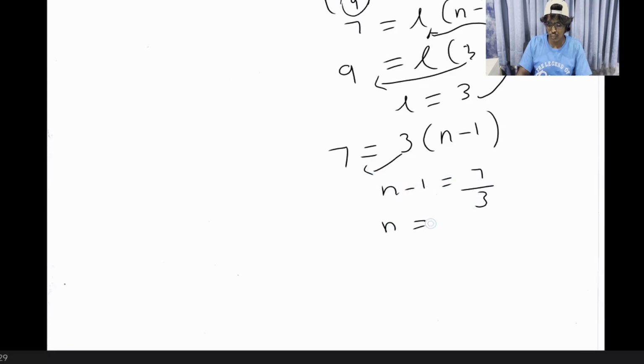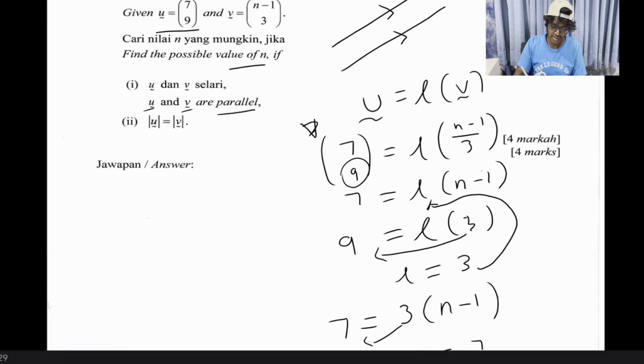And we can take that 1 over there, so 1 plus 7 over 3 will be 10 over 3. And this is the value of n. But that is just for the first part. You get 2 marks for that. Okay, how about the second part?